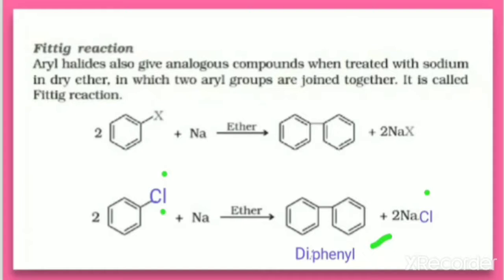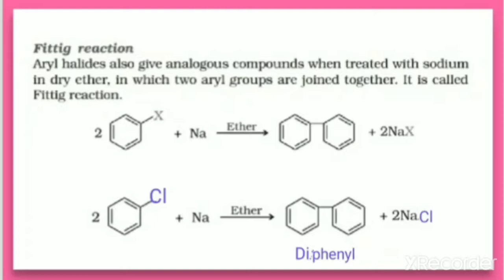So when X is taken as Cl, you will be getting the side product as twice NaCl. When X is taken as Br, you will be getting a side product twice NaBr. But the main product will remain as it is. You can find in all the cases the main product is diphenyl. This reaction is called Fittig reaction.